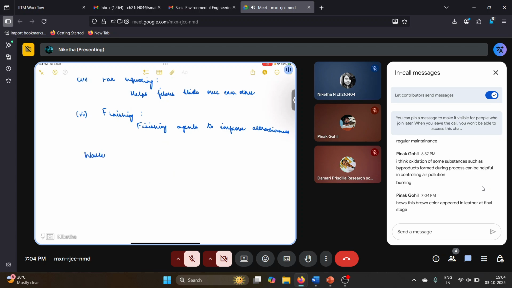So what could be the possible wastewater sources? First one comes from the soaking unit. Here the animal skin is soaked, and this wastewater could be highly rich in organics. So that is the first one.